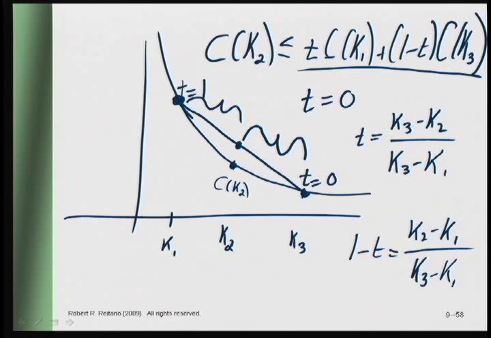So the notion that the value at an interim point is less than a linear combination of prices at the extremes is really a reflection of this graph.